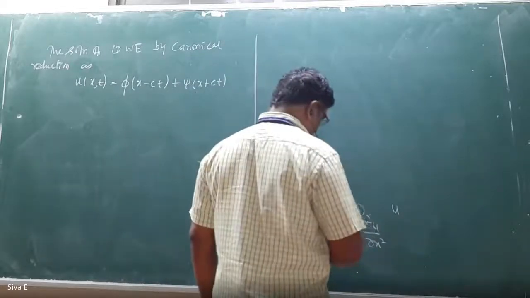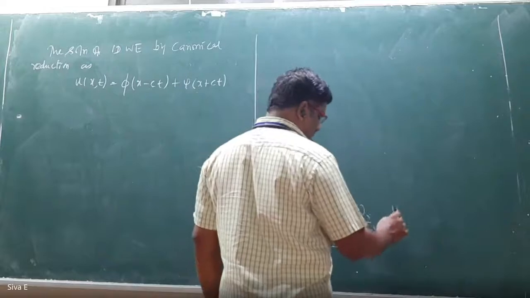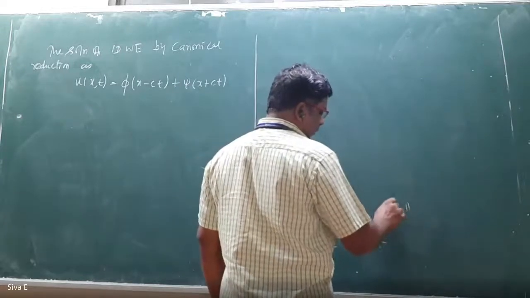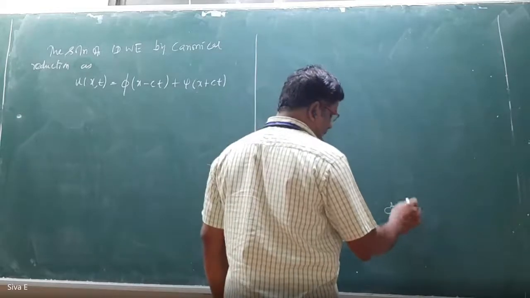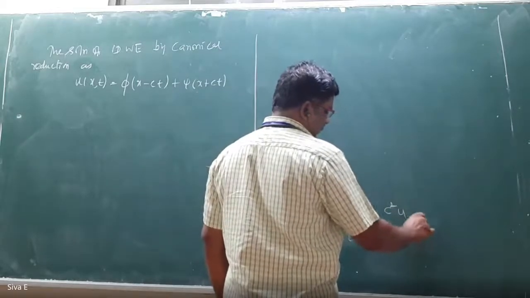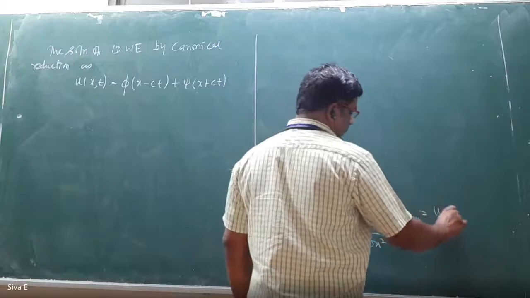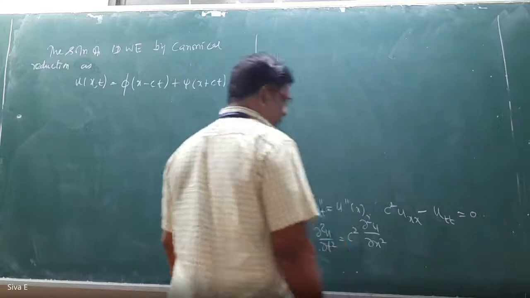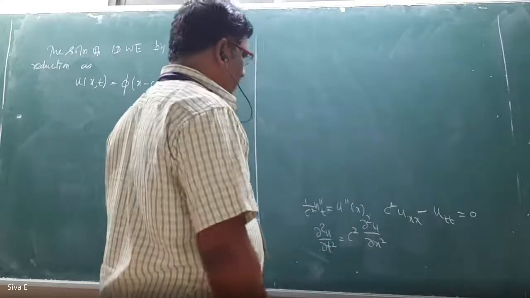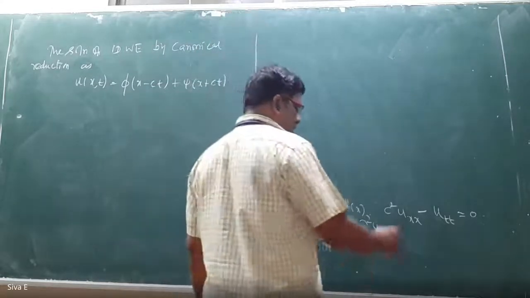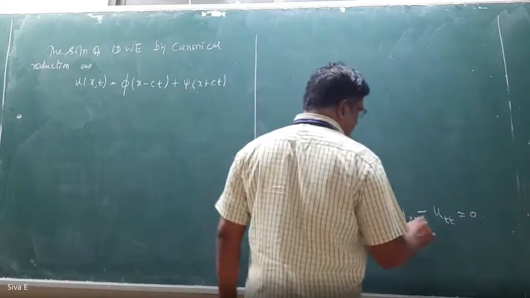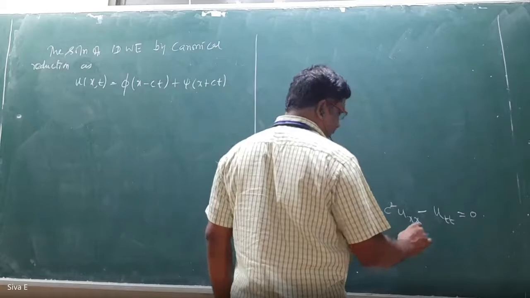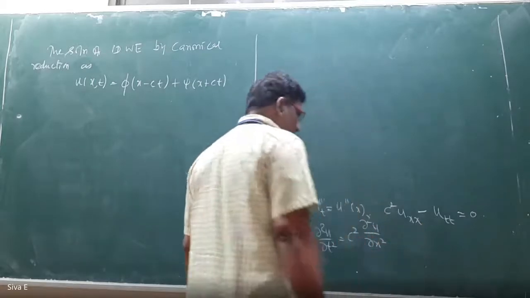So this can be written as c² u double dash, or u_xx equal to u_tt, minus u_tt equal to 0. Sometimes if I write that c² here, take it to that side.